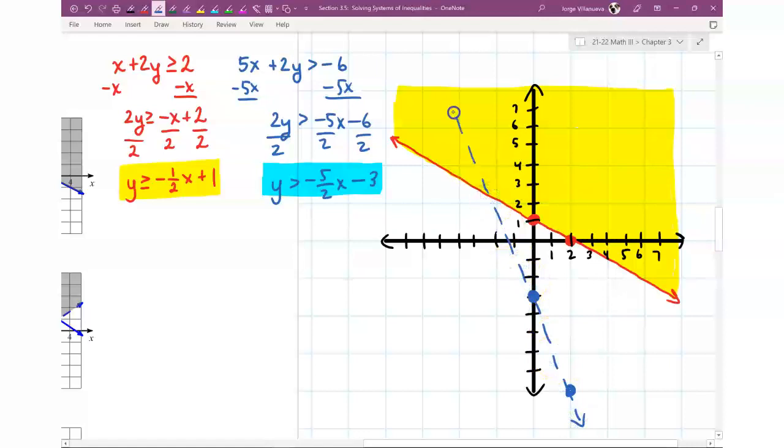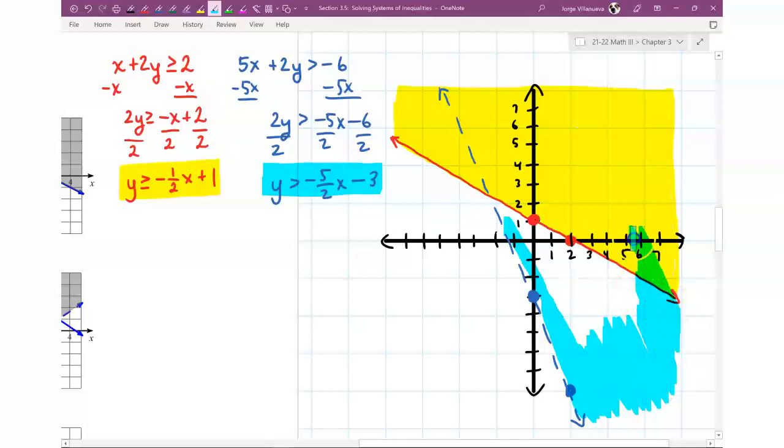All right, greater. That means above the line. So let me turn it to a blue highlighter here. Let me color this in. And again, as you can tell, as I color in the blue and the yellow at the same time, I'm getting that green to pop up, right?